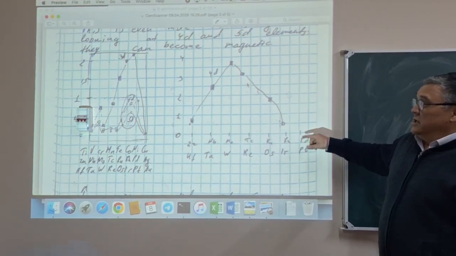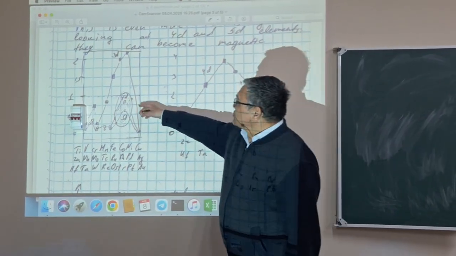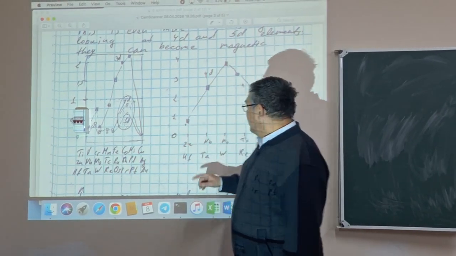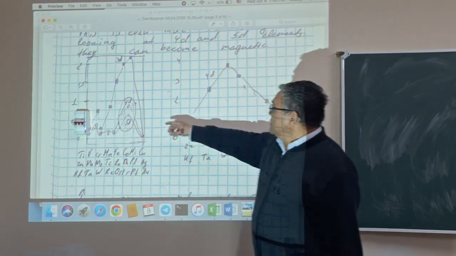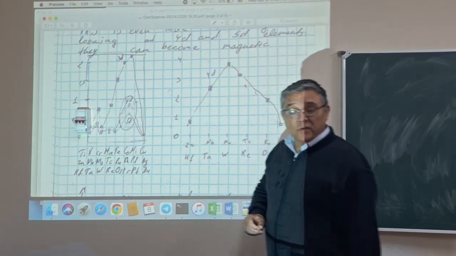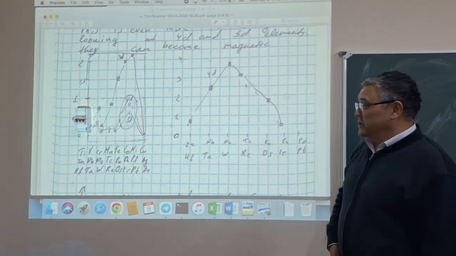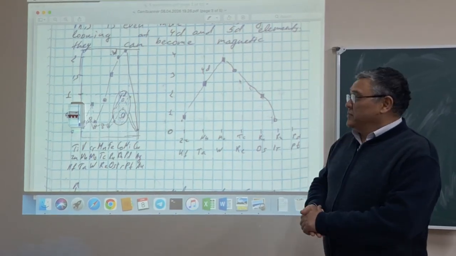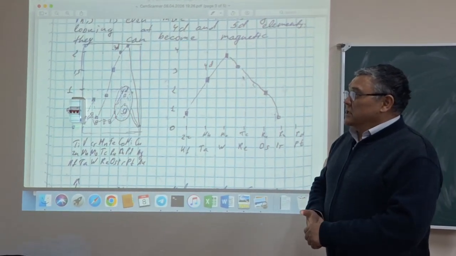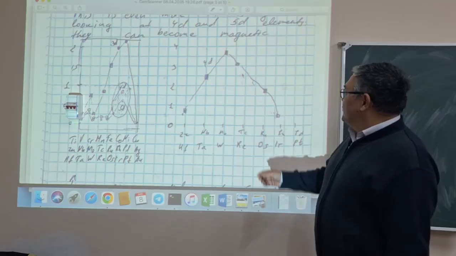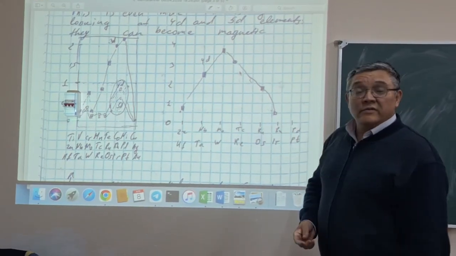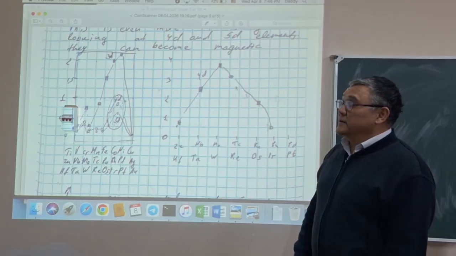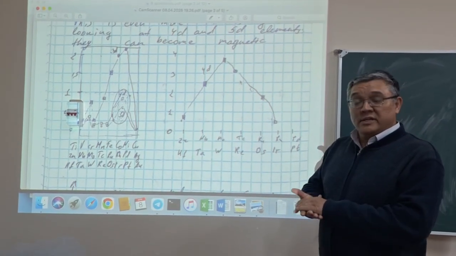So this doesn't add up, because we already said that among the 4D and 5D elements, only palladium and platinum could have better chances for the Stoner criterion. So it appears that it depends on the overlap of the number of states of these 4D and 5D elements with the number of states of the bulk material that we are putting them on.